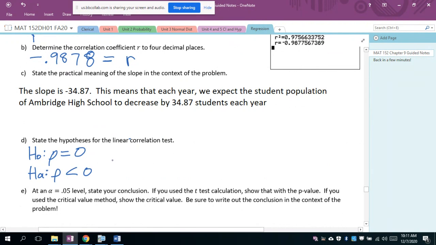Now, the reason it's less than is because we think that this is negative. So basically, the slope being 0 means no linear relationship. And for the slope to be negative, there is a negative linear relationship.